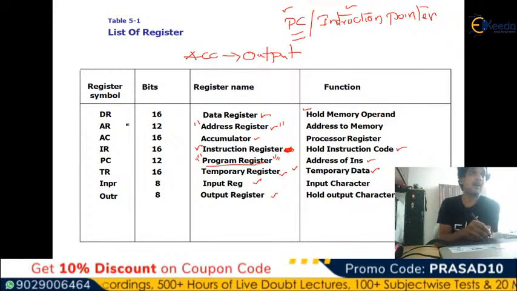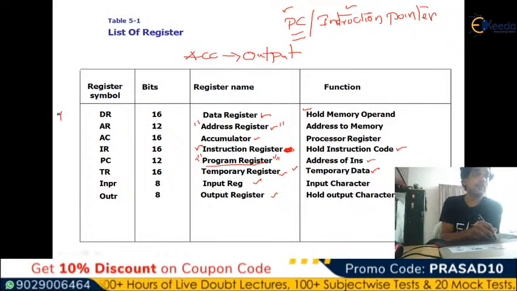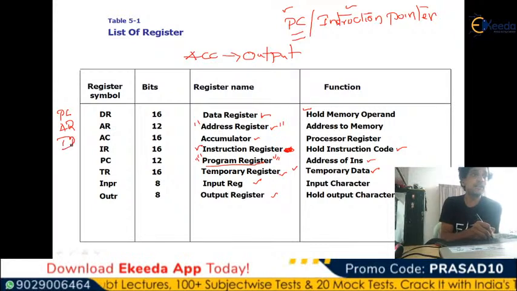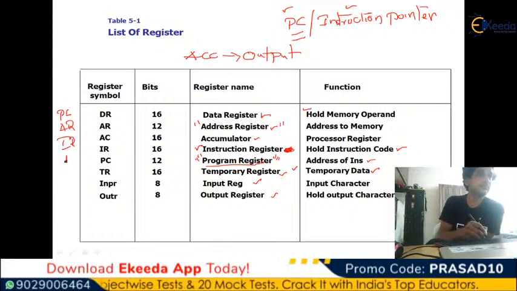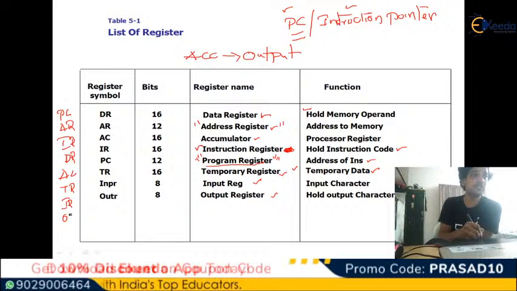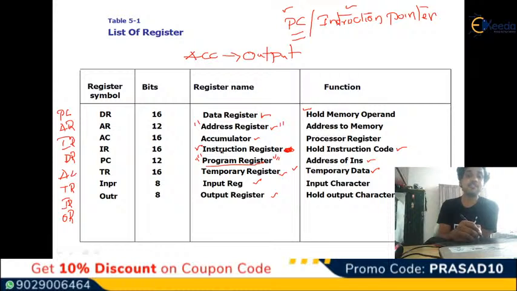The order that I told you is program counter, address register, instruction register, data register, accumulator, temporary register, input register, and output register. The order might be different, but the purpose of each and every register is clearly classified and separated.